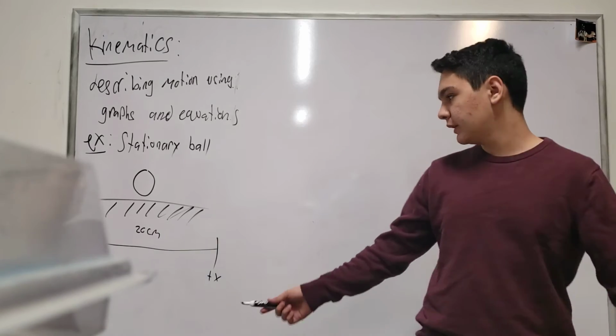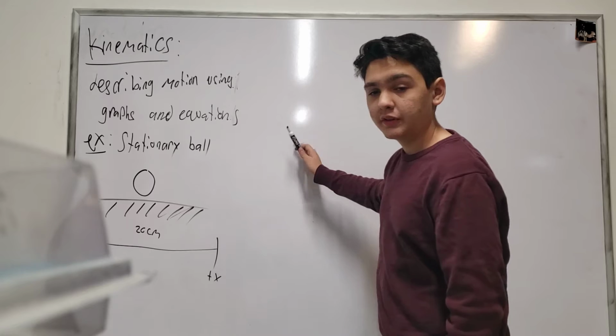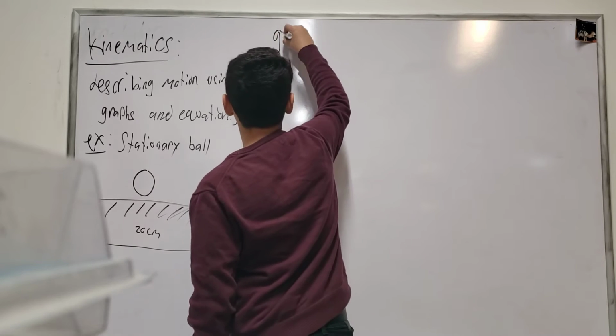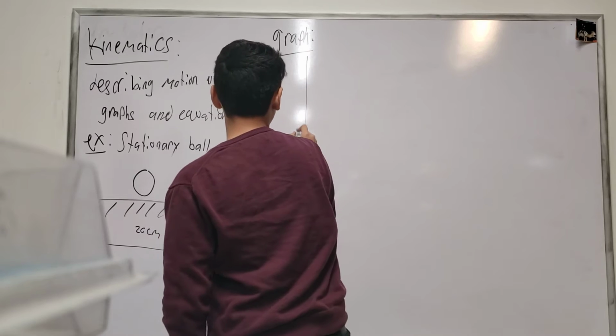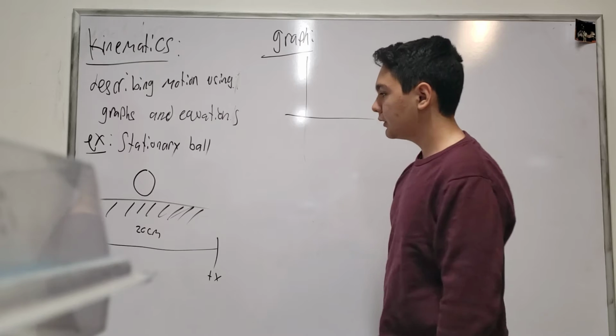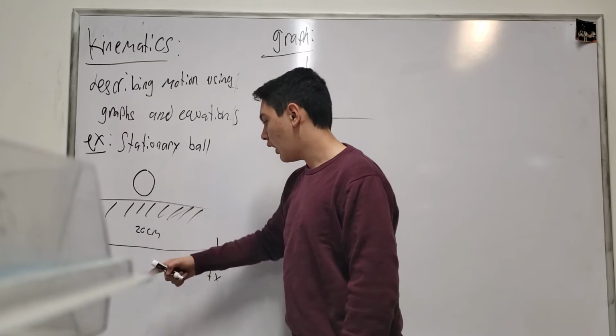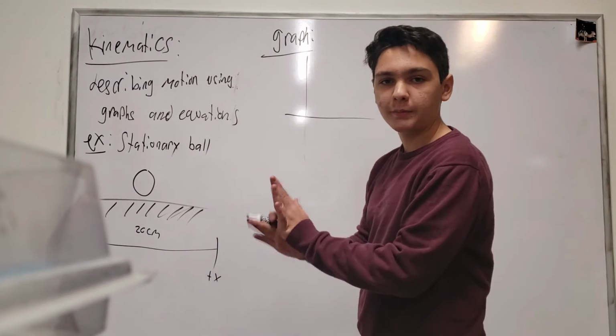So we want to describe Tinito here using a graph and then an equation. Okay, so let's use a graph. We're just going to have an xy plane right there. So Tinito is stationary at 20 centimeters, but we're not going to worry about that for now.